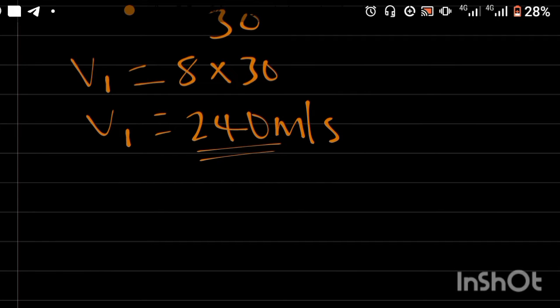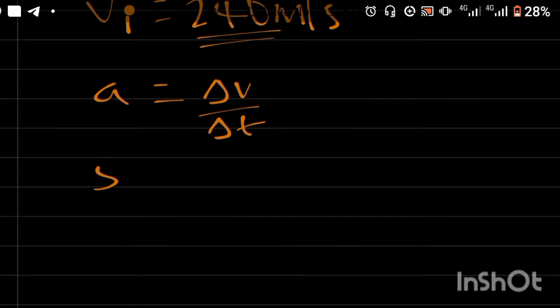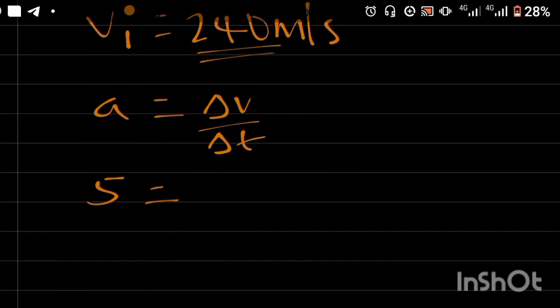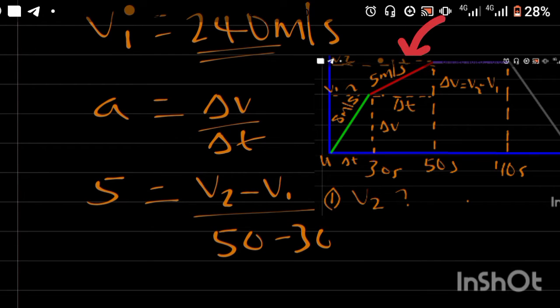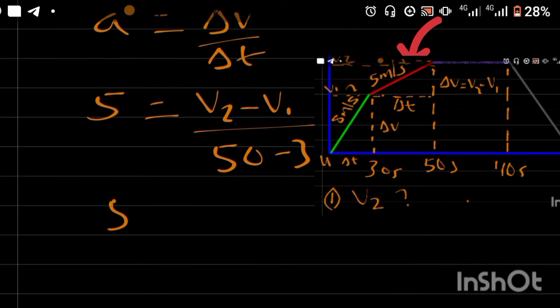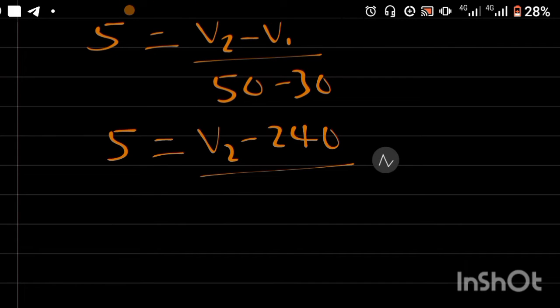Now we are going to calculate the velocity attained at the end of the 5 meter per second square acceleration. See the same formula: acceleration is equal to change in V over change in T. 5 is equal to our change in V now, let's go back to the diagram, V2 minus V1 all over 50 minus 30. 5 is equal to V2 minus 240 over 20.